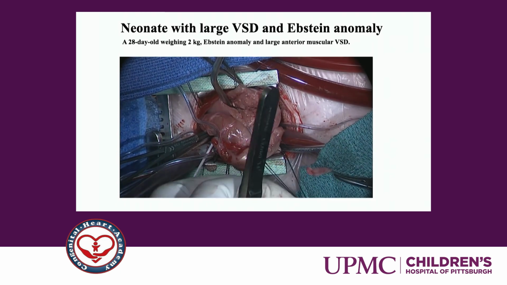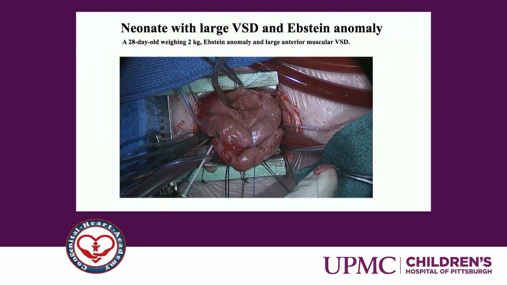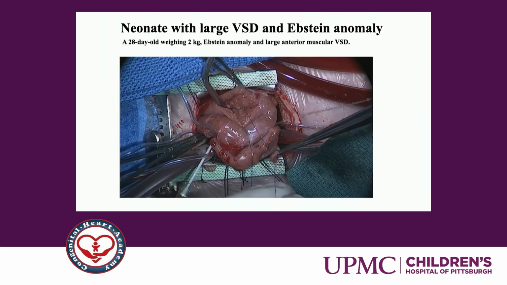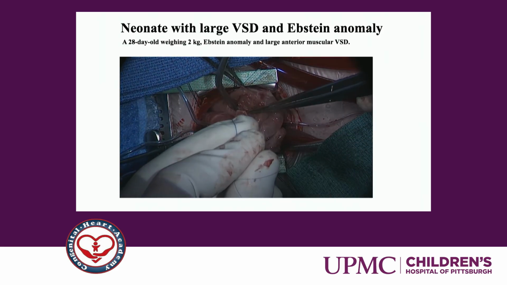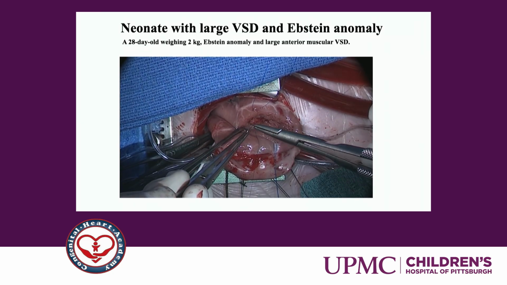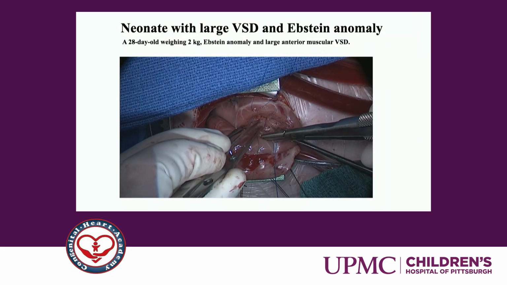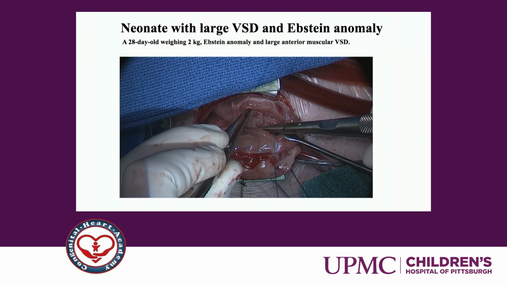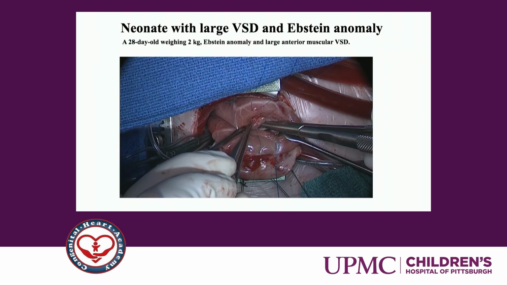The ventricular septal defect is closed with a pledgeted 6-0 Prolene running suture and a glutaraldehyde-treated autologous pericardial patch. This is a very good approach as it exposes the large ventricular septal defect very well and allows reliable closure.